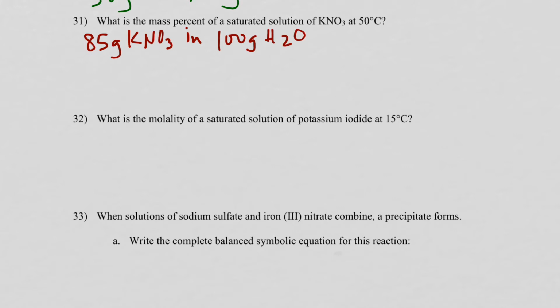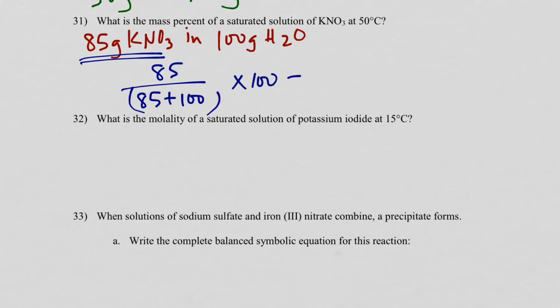So now to do the mass percent, we need the mass of the part, the KNO3, 85, over the mass total. The total is 85 plus 100, or 185. Times 100 to make it a percent, and this one comes out to 45.9% KNO3.